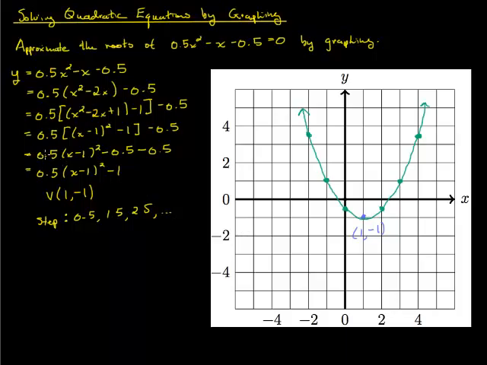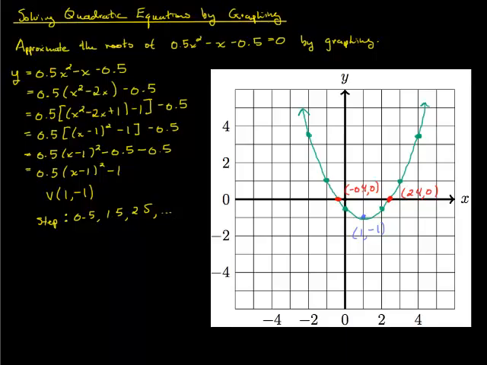So now that we've got our parabola plotted, we can look at the graph and ask, what are the x-intercepts of this function? This x-intercept is approximately 2.4, comma 0. This x-intercept here is approximately negative 0.4, comma 0. And again, I'm just approximating what the x-intercepts are.